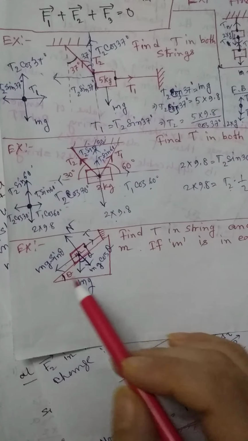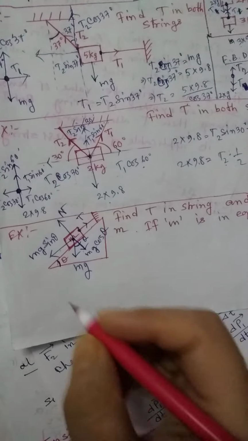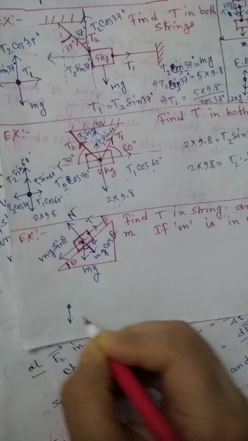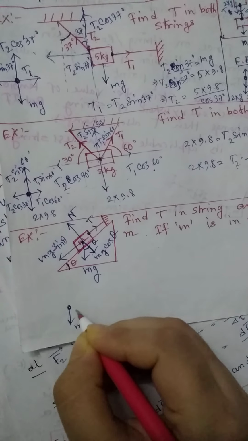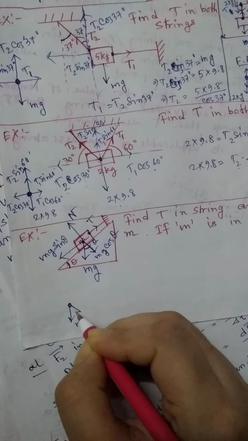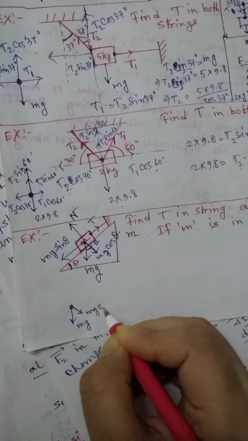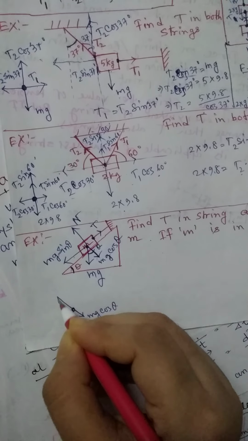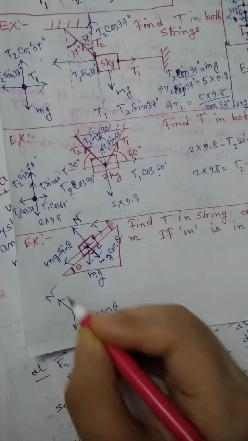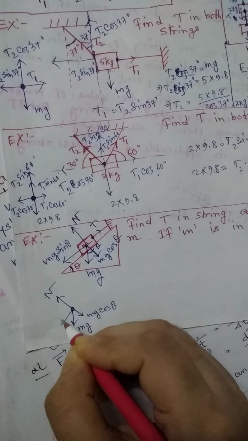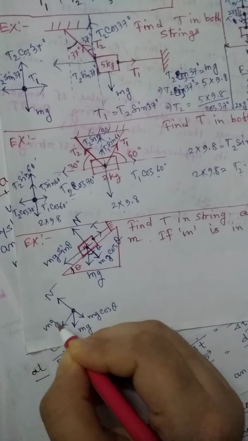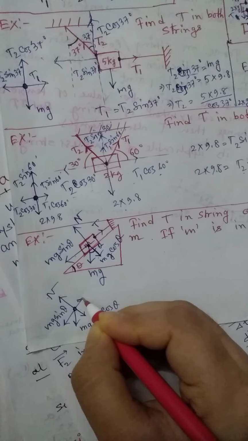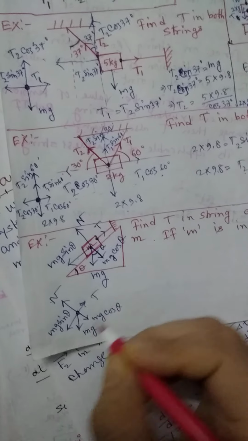So if the body is in equilibrium, and we show the free body diagram of this body, then along this direction this is mg, along this direction this is mg cos theta, along this direction this is the normal reaction, along this direction this is mg sin theta, and this is tension.